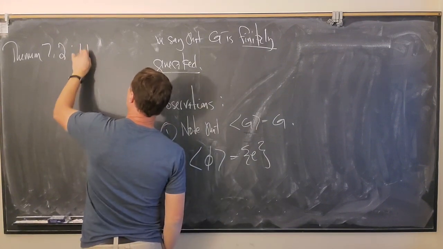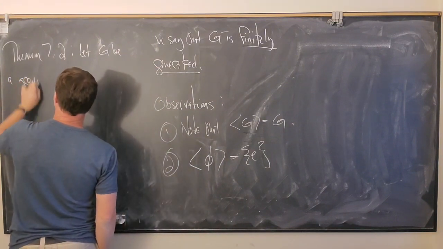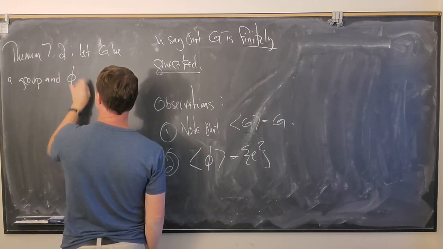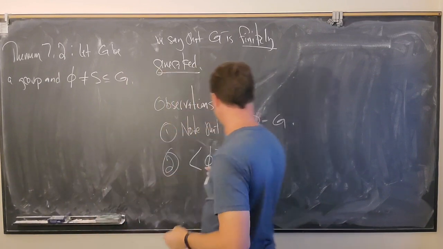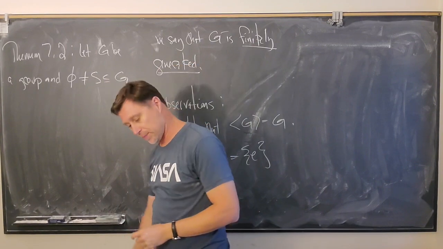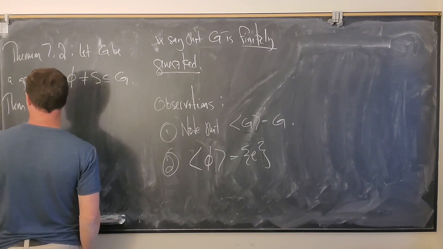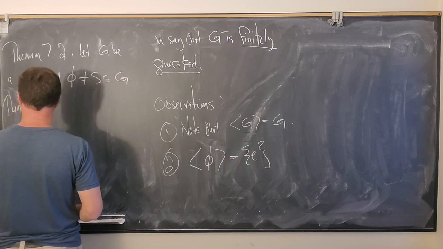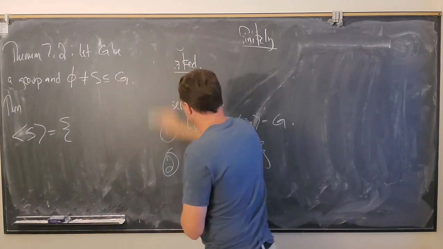Let G be a group, and if we take a non-empty subset S of G, we already know the empty set generates the trivial subgroup, so we want to look at a generating set that's not the empty set. Then the subgroup generated by S is equal to the following set.